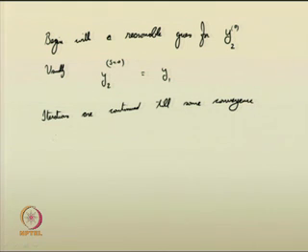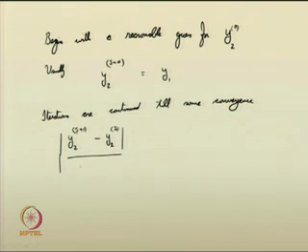is achieved. For example, the convergence criterion can be given as the modulus of y2 in the s plus 1th iteration minus y2 in the s iteration should be less than or equal to some convergence criterion value, say epsilon.